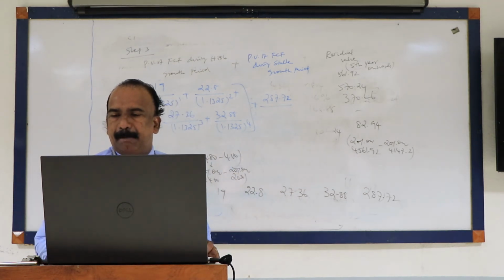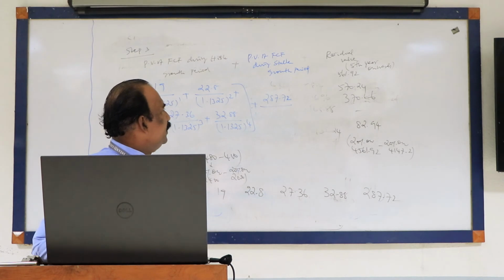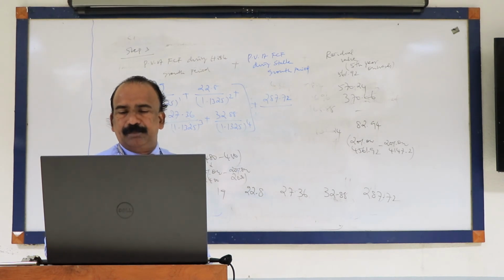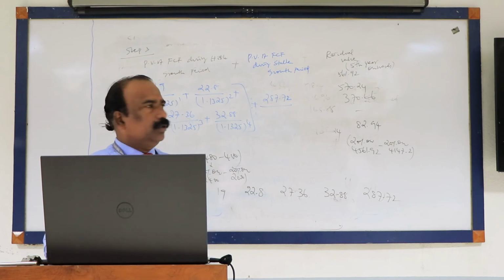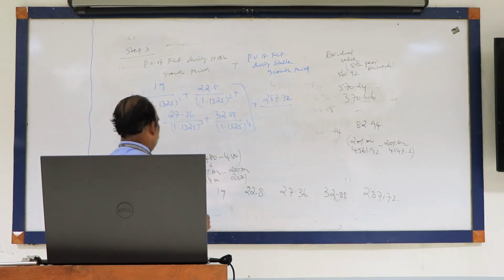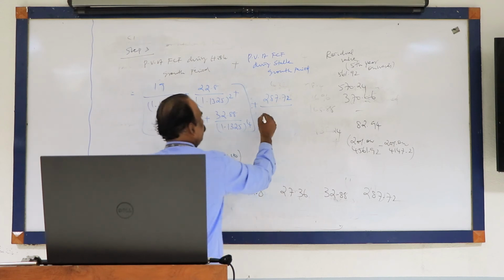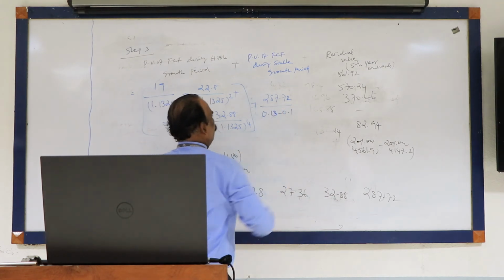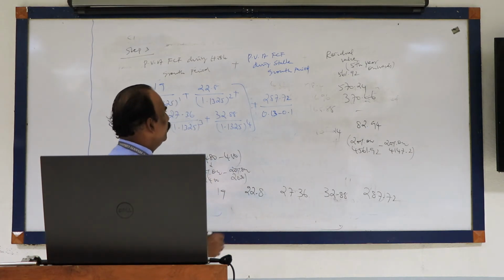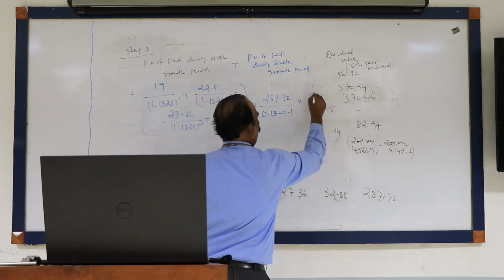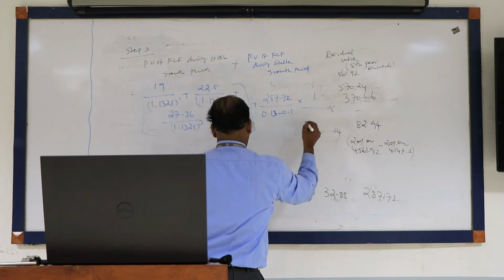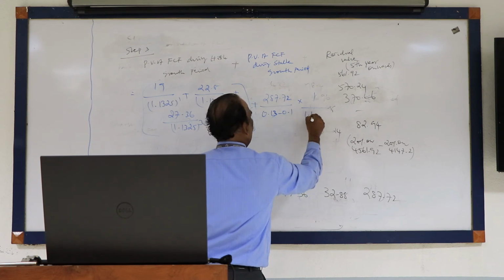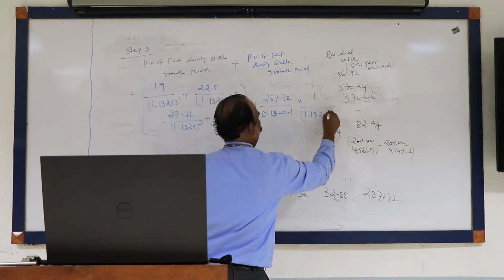What is the stable growth WACC? 13%, so 0.13 minus 0.1, into 1 divided by 1.1325 per 4.